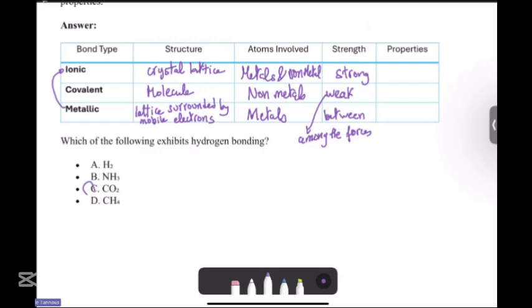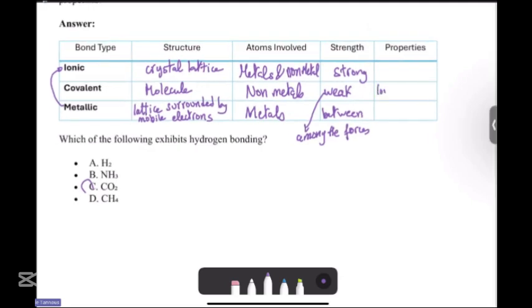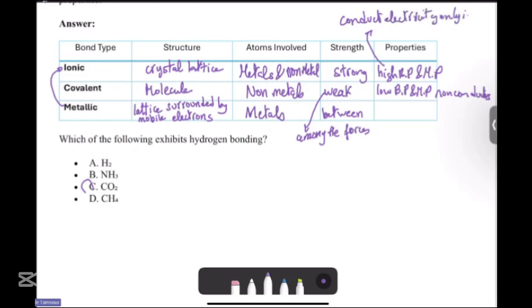In terms of properties, always remember the properties. Low boiling point and melting point here. Here, high boiling point and melting point. Here, non-conductors, because this is important, but the ionic conduct electricity only if dissolved in water or molten.